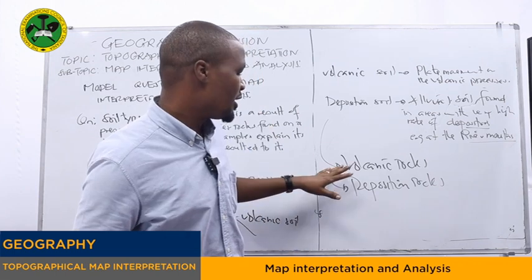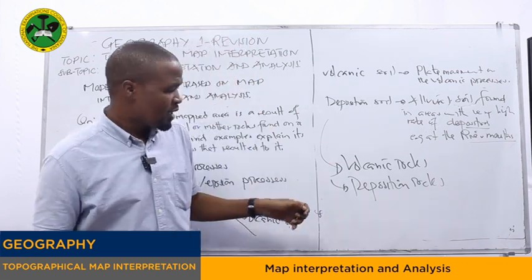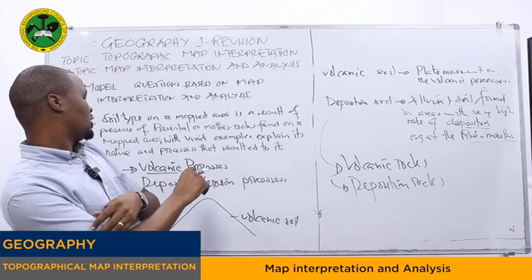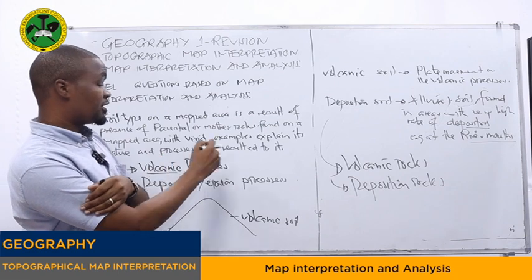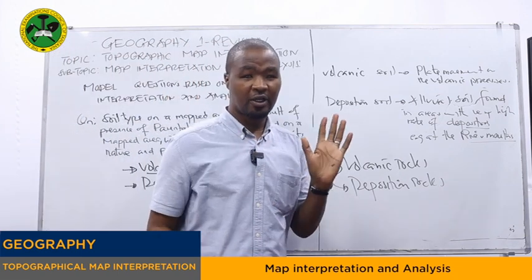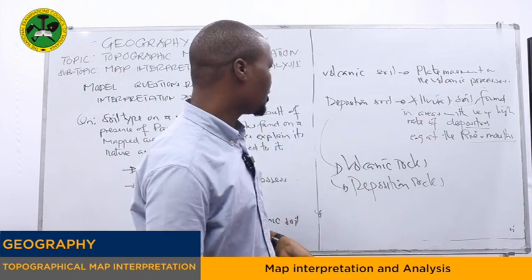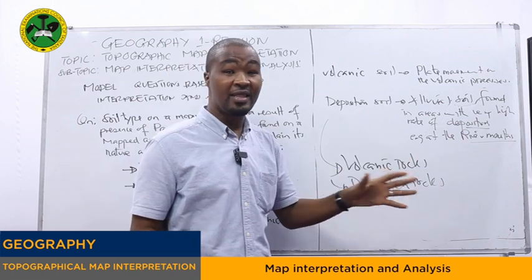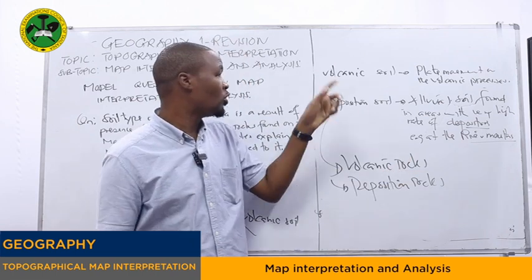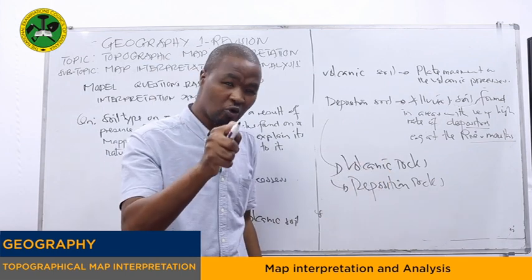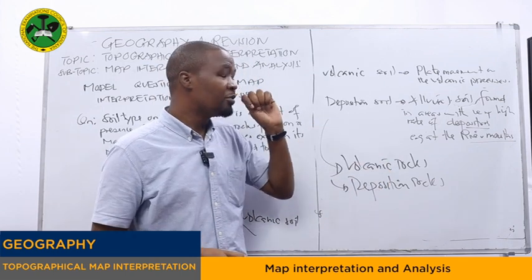You see? Then from there, because the question needs us to explain what? It needs us to explain the nature and the process that resulted in it. I have explained we have two types of soil, the volcanic soil as well as the deposition soil. What happened to the mother rock? We have the volcanic rock as the mother rock, which resulted in volcanic soil, as well as the deposition rock as a mother rock, which resulted in deposition soil.